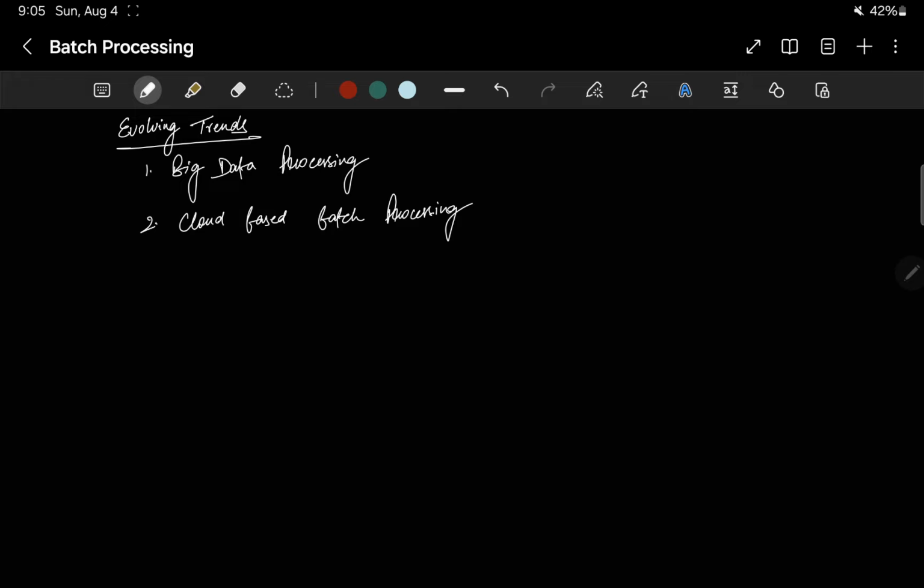About cloud-based batch processing, let's talk about MapReduce now. So what is MapReduce? MapReduce is basically a parallel processing programming model, and it's a cornerstone of batch processing in big data environments.